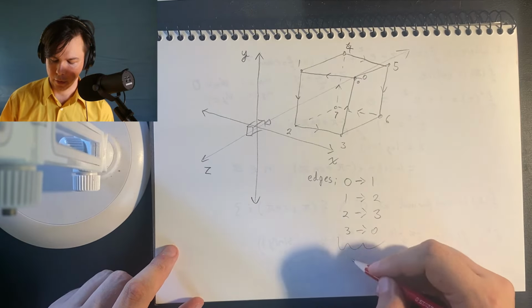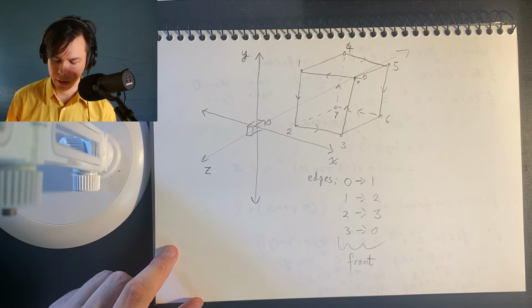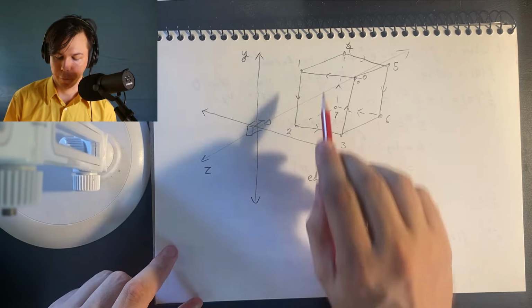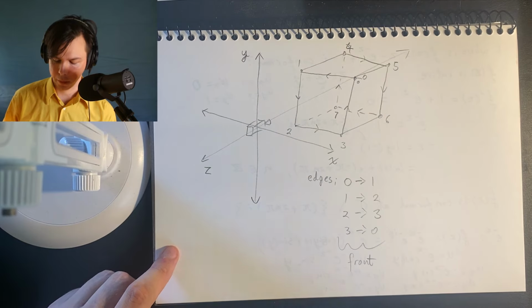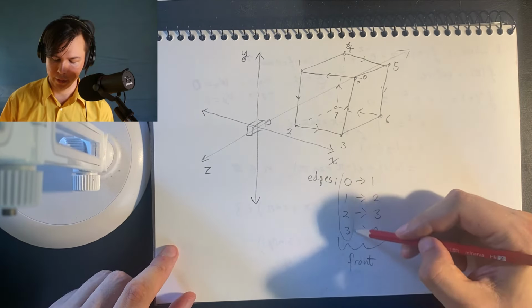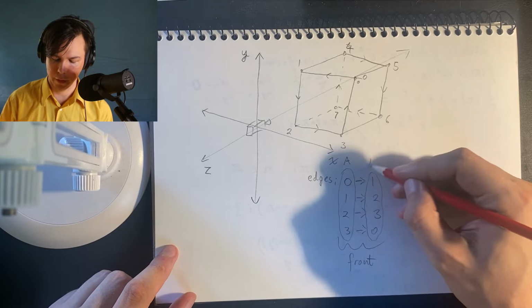These are the edges of what I'll call my front face, and each of these will be an integer referring to a point position. The way I'm going to store this is I'm going to have a big list of all the A points, and then a big list of all the B points, and I'll reference into that.